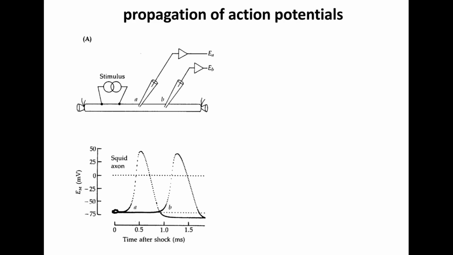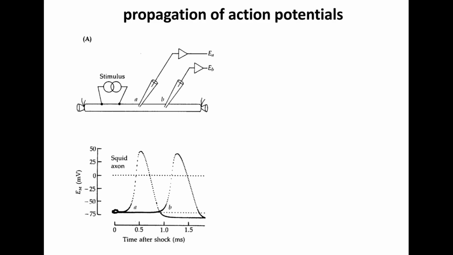Let's first have a look into the experiments. The experiment on the top left, A, is a typical experiment that has been executed. You stick two needles, A and B, into the neuron or into the axon, and then measure the membrane voltage through an amplifier.